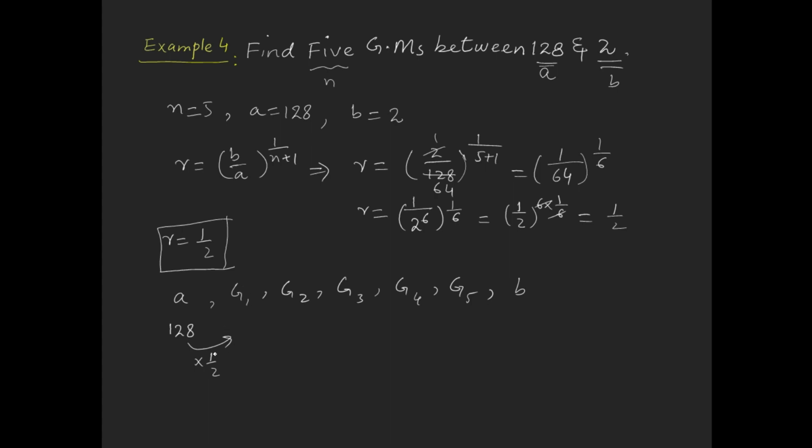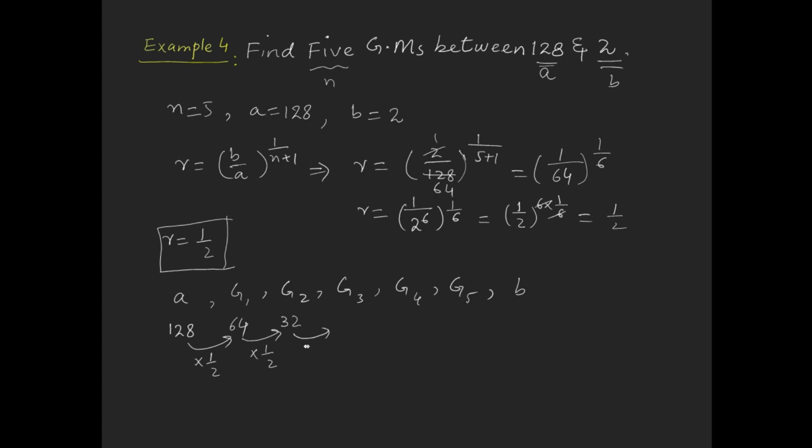So the first geometric mean is obtained by multiplying a with r, 128 with 1 divided by 2, and we get 64. Then 64 is again multiplied with 1 divided by 2 to get the second geometric mean, and the value is 32.